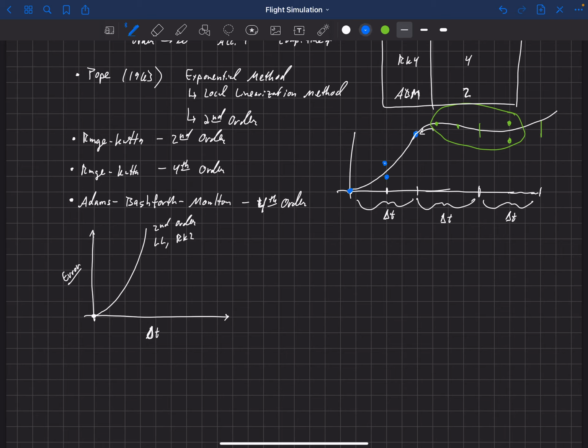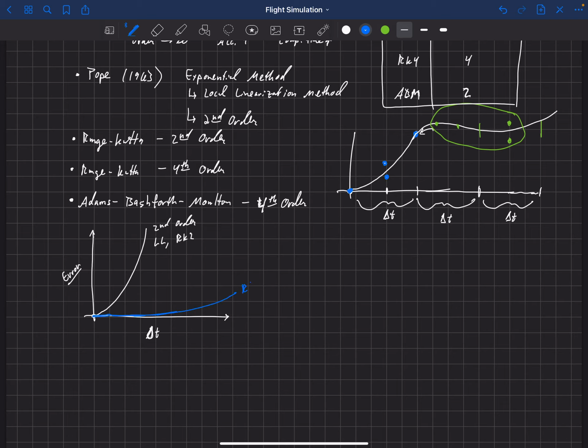Then the fourth order ABM method is going to look eventually, so its error is going to stay a lot lower for a lot longer, and then come. Actually, let me do the RK4 method first. So RK4 method is going to come up something like this.